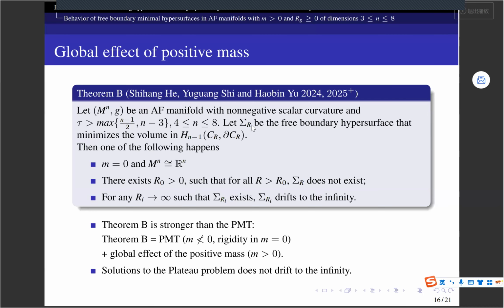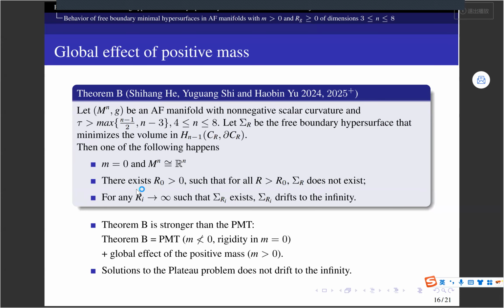So this kind of Σ_R may not exist, or if it exists, you can obtain a sequence of such minimal hypersurfaces. Then one of the following must happen. The first corresponds to the rigidity case, that is when the mass is 0 and M is isometric to the standard Euclidean space. The second and the third cases correspond to the positive mass case.